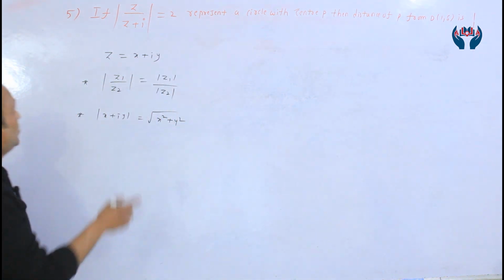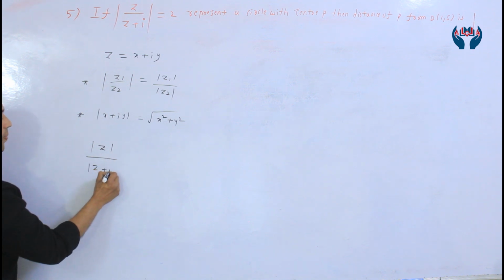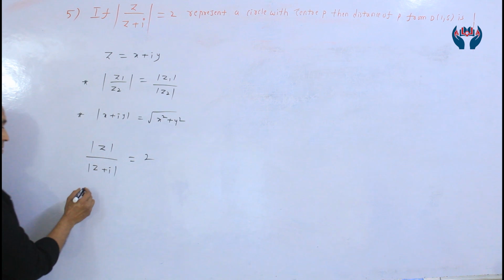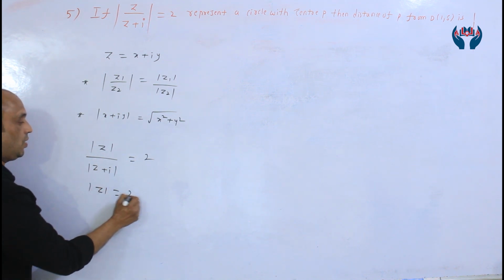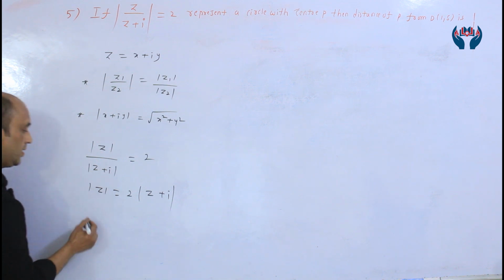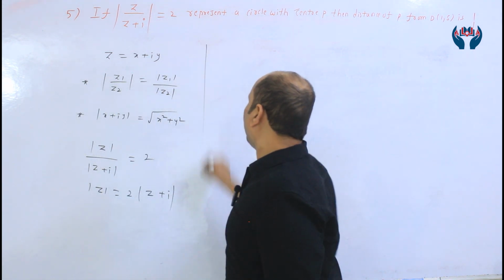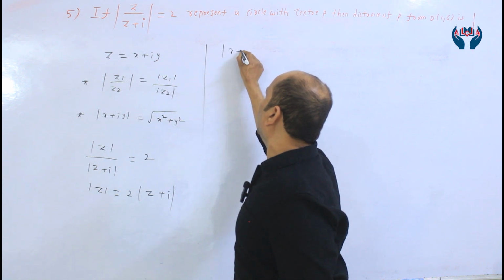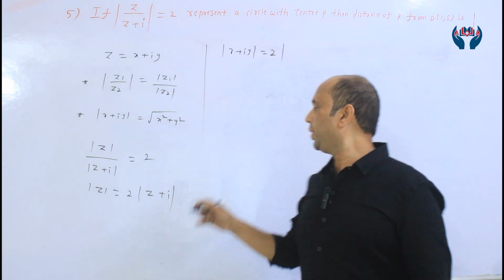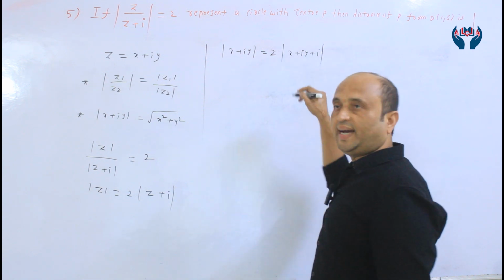Now first apply the formula: mod z by mod of z plus i is equal to 2. Now set this term on the other side: mod z equal to 2 into mod of z plus i. So mod z is mod of x plus iy, which is in the form of under root of x square plus y square, equal to 2 into mod of x plus iy plus i.